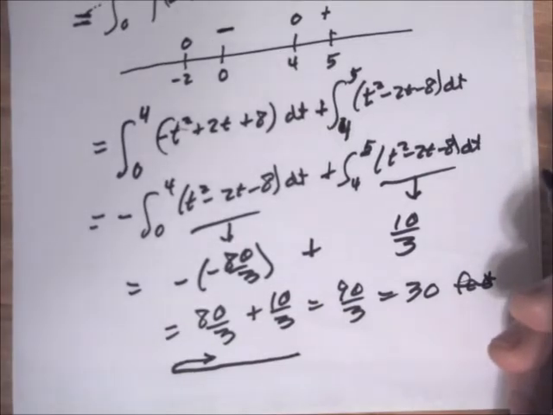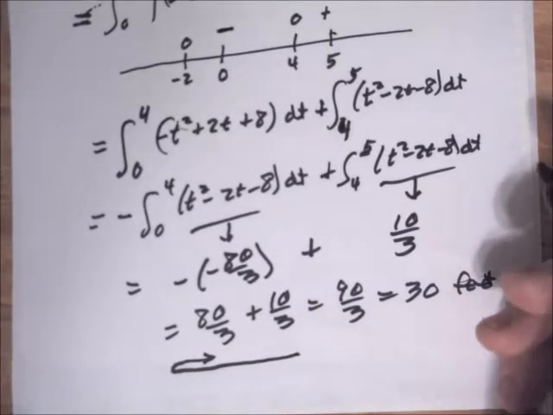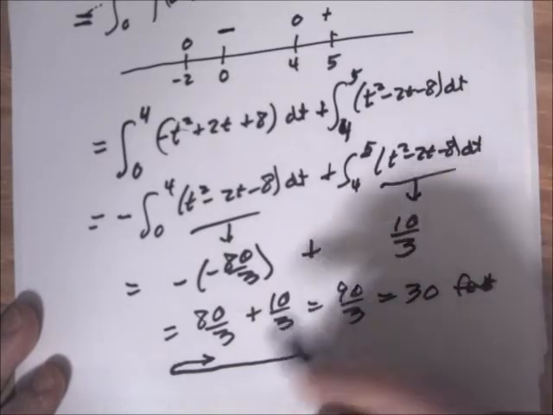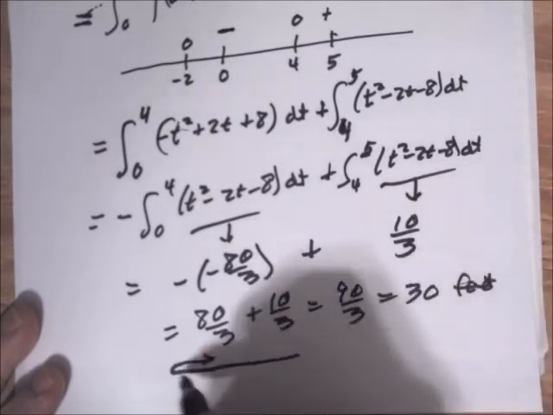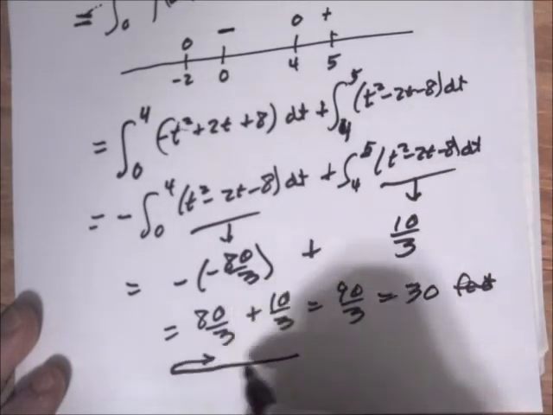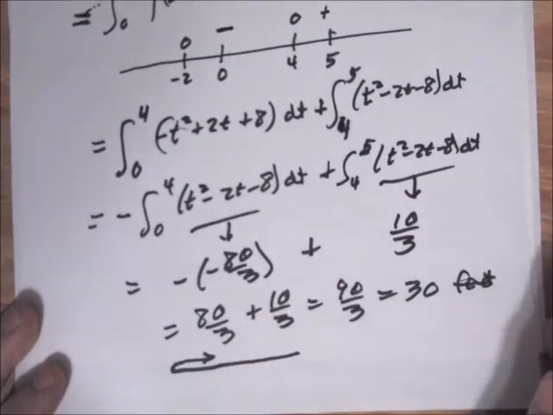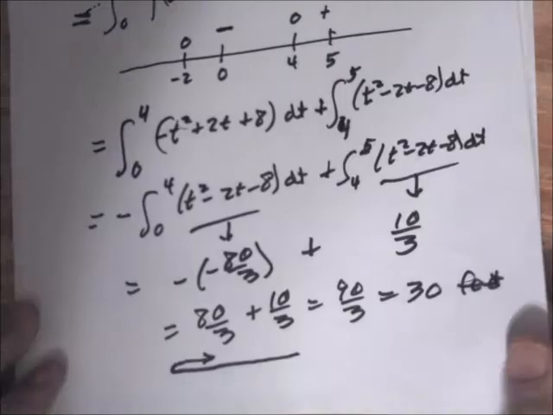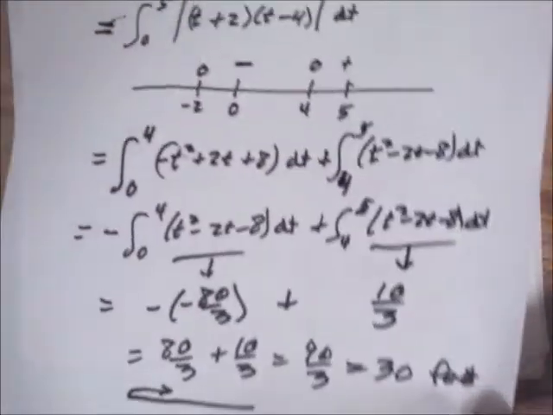So the net displacement was negative 70 over 3, but the total distance traveled is going to be 90 over 3, which is 30 feet. Okay. So that gives you an idea of the net distance traveled versus the total distance traveled.